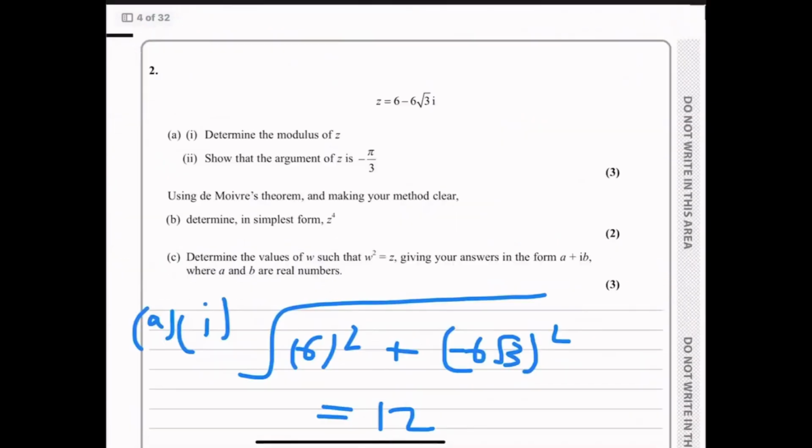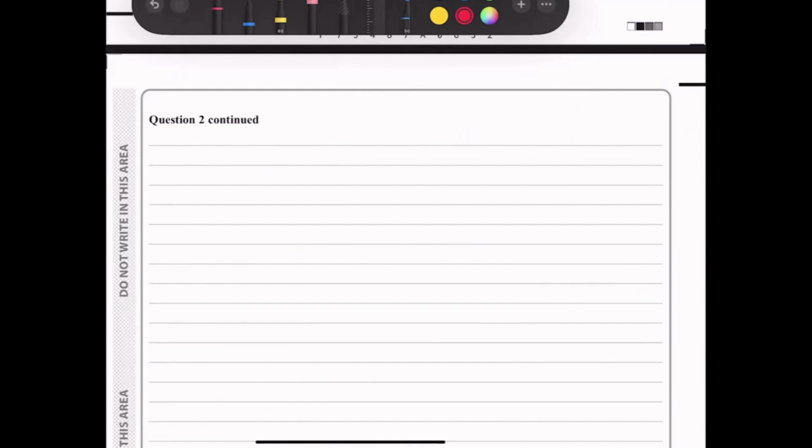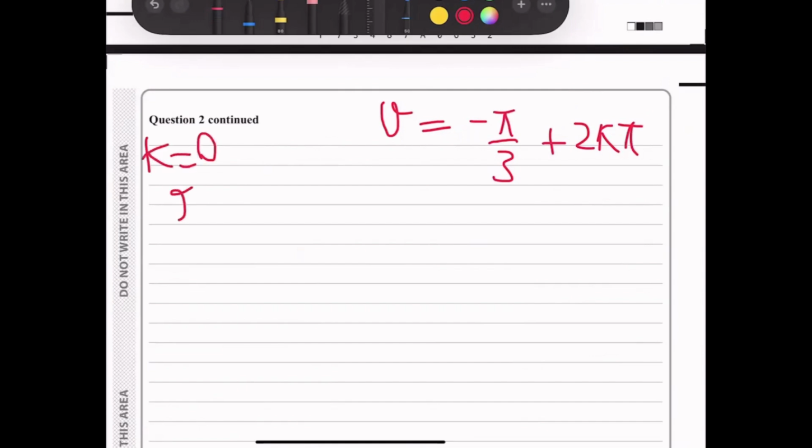Okay, so that's not the final answer because there can be more than one answer. So you know that theta can be between minus pi and plus pi, so it's minus pi by 3 plus 2k pi, where k can be any integer.